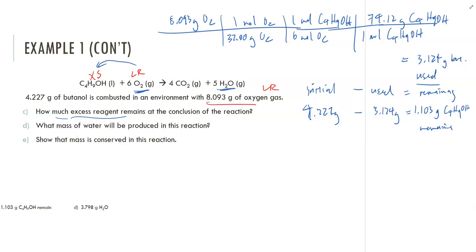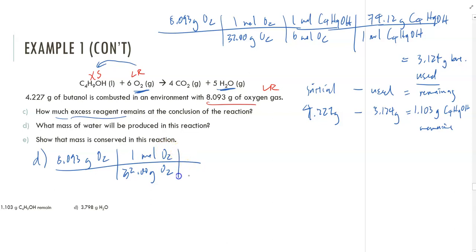So let's figure this out. I'm going to do part D down here. I'm going to start off with the 8.093 grams of O2. I'm going to then get information about my H2O. So I'm going to do 32.00 grams of O2 for every 1 mole of O2, and apply the mole ratio that relates those two substances: 6 moles of O2 for every 5 moles of H2O, so 6 moles of O2 used will generate 5 moles of H2O.